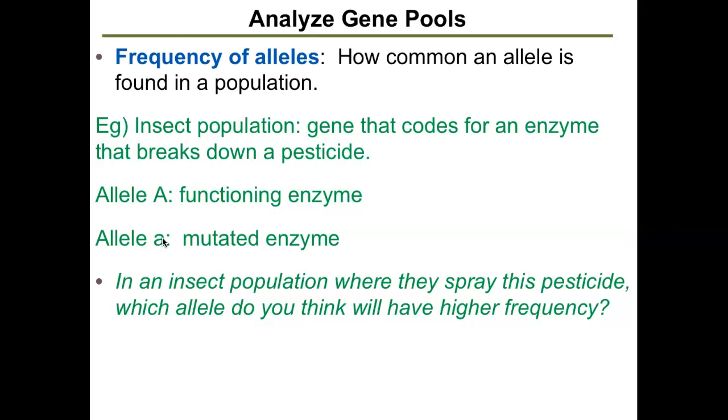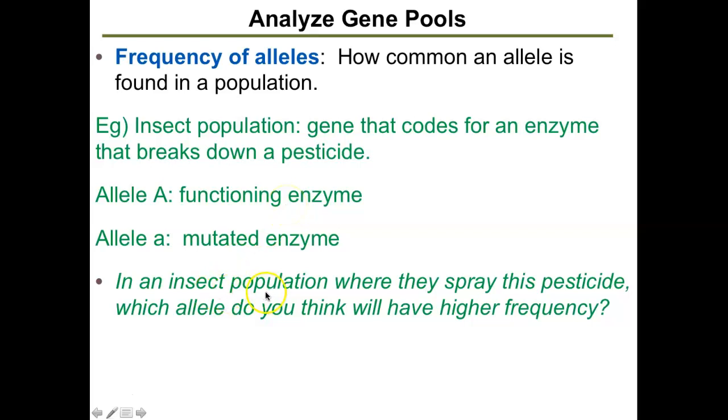In this insect population where they spray a pesticide, which allele do you think will have a higher frequency? Hopefully you think to yourself, if they spray the pesticide, the surviving individuals would have to have broken down that pesticide. So they have to have the functioning enzyme just to live.